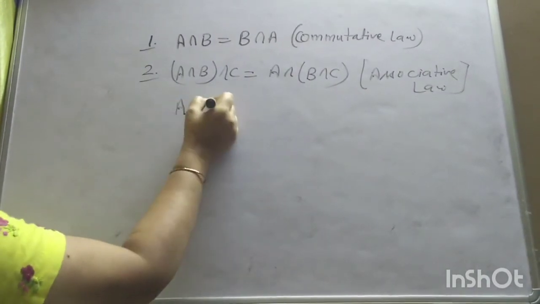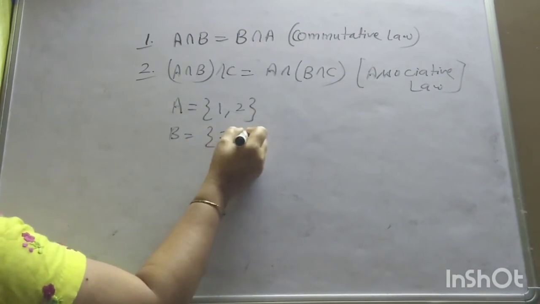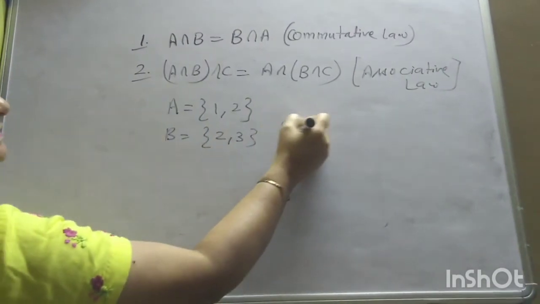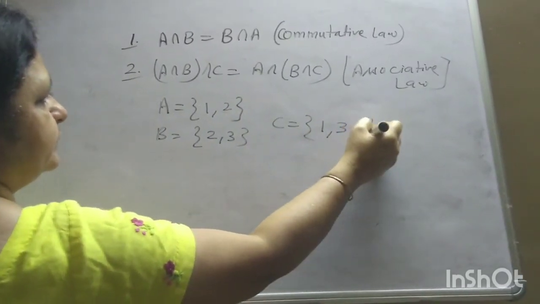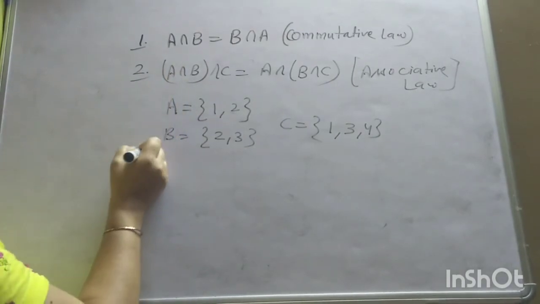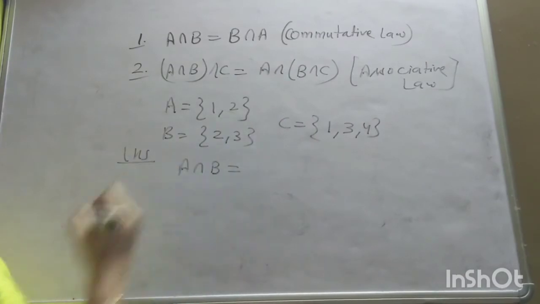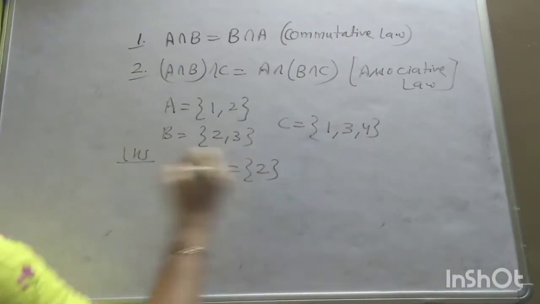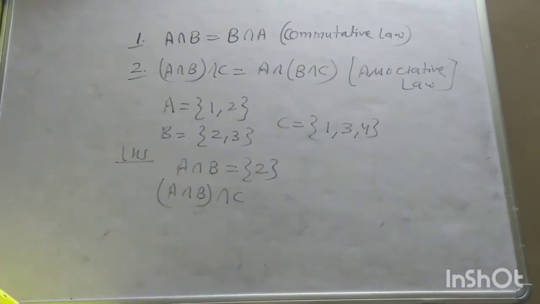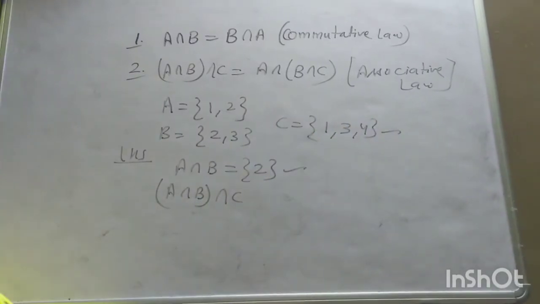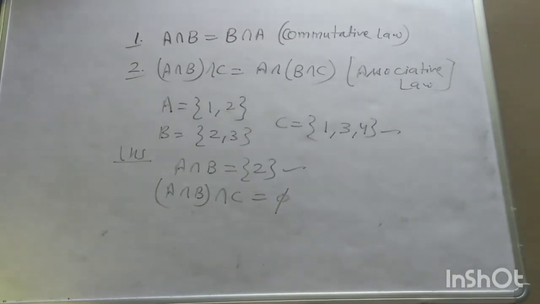Let set A is 1, 2, set B is 2, 3, and set C is 1, 3, 4. Now, at first we will solve left hand side. A intersection B is equal to 2. Now, (A intersection B) intersection C. Nothing is common in these two. So, result is phi.